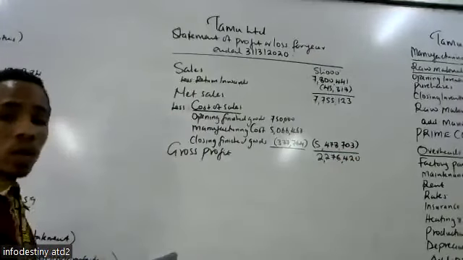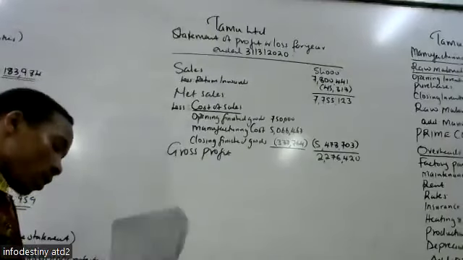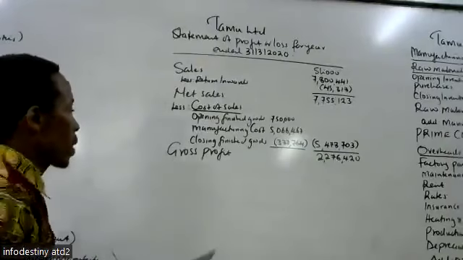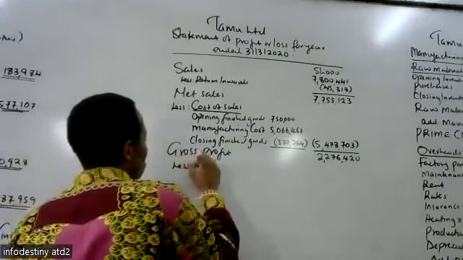Then from there, we check whether we have any other incomes. I didn't see any income. So we less expenses.